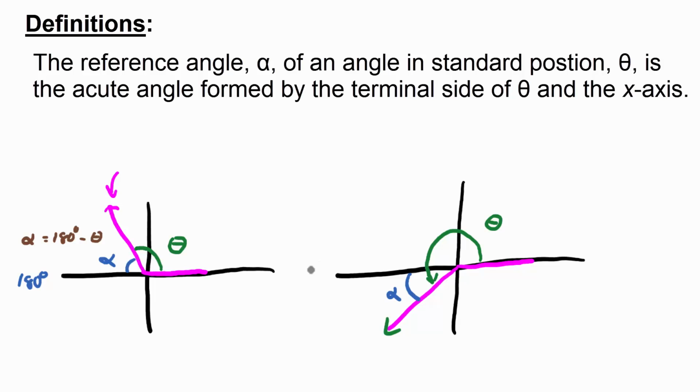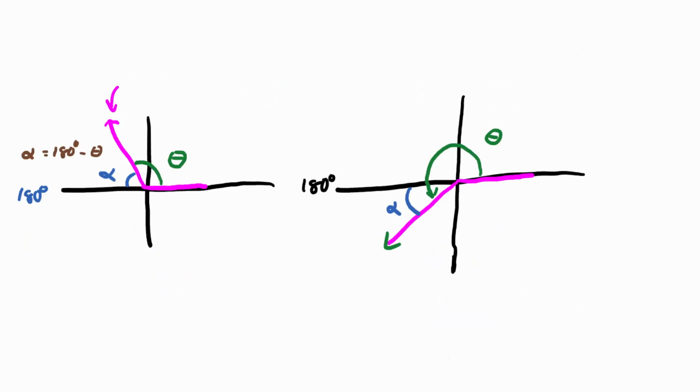But again, if the straight angle is 180 degrees, can you come up with a formula? I'll put the formula right here in the third quadrant. Can anybody come up with a formula then for finding alpha? Well, okay, so here the big angle is not 180 like it was over here, right?